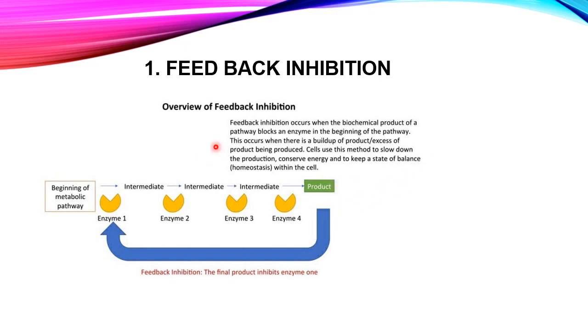So now what is a feedback inhibition? A feedback inhibition occurs when a biochemical product of a pathway blocks an enzyme in the beginning of the pathway. So here, the end product of a biochemical pathway is actually inhibiting the enzyme 1, that is the enzyme in the beginning of the pathway.